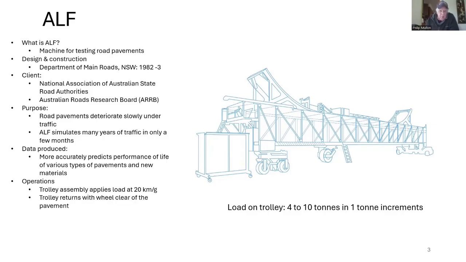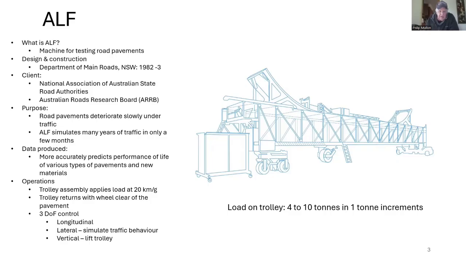So it didn't operate at the same speed as a truck on a road, but it did go at 20 kilometers per hour. And the trolley returned with a wheel clear of the pavement. And that was quite a unique feature of the design.